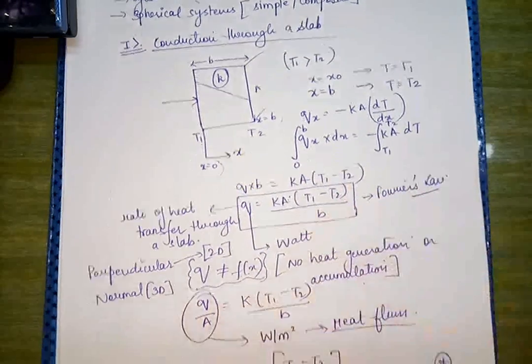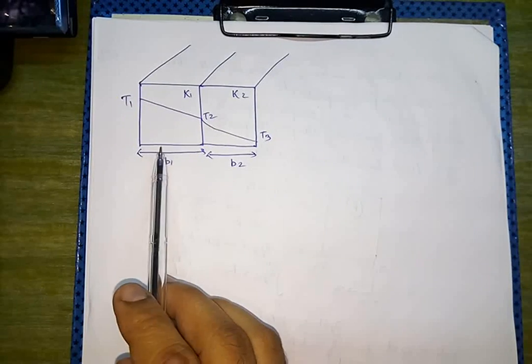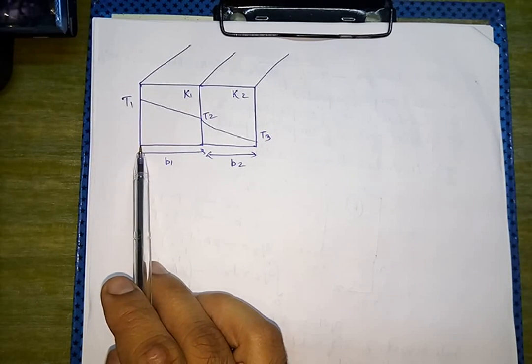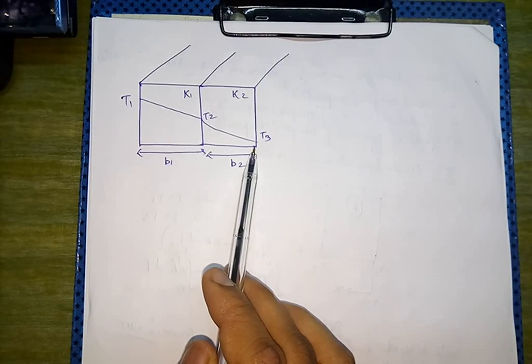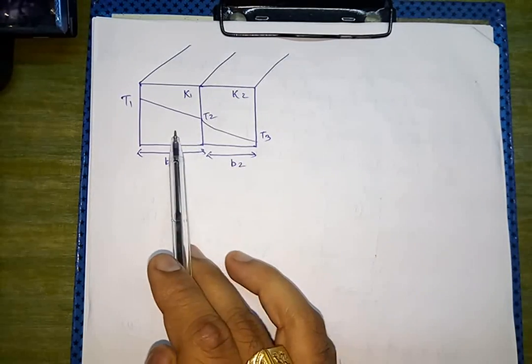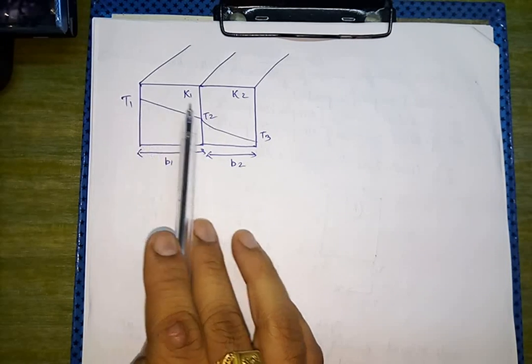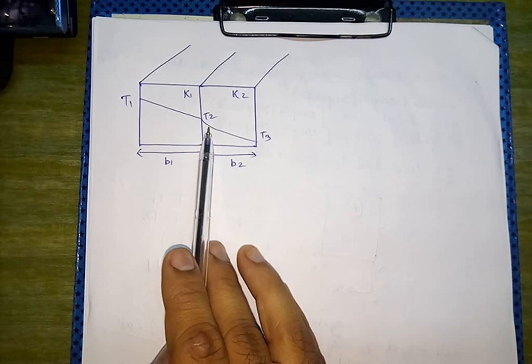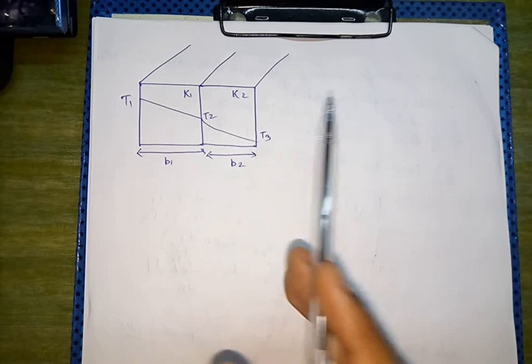Let us look at the example. This is the composite slab such that the first slab has a thickness of B1, the other has a thickness of B2, and they are joined to each other such that one face is maintained at a temperature T1, the interface is maintained at a temperature T2, and the other side face is maintained at the temperature T3.